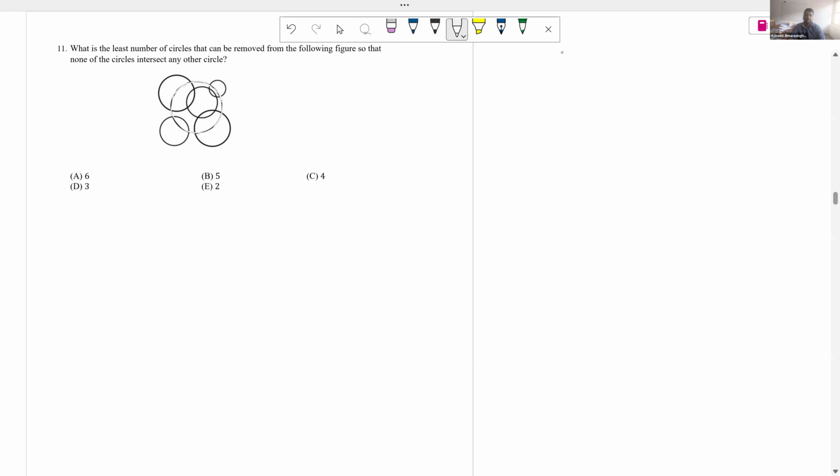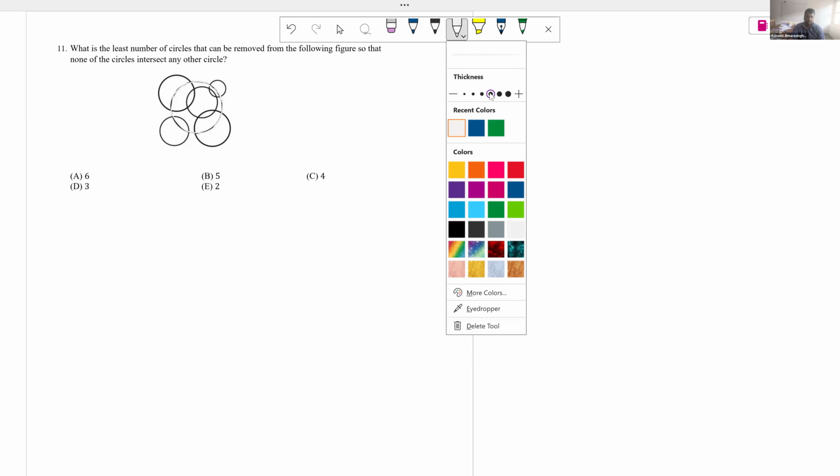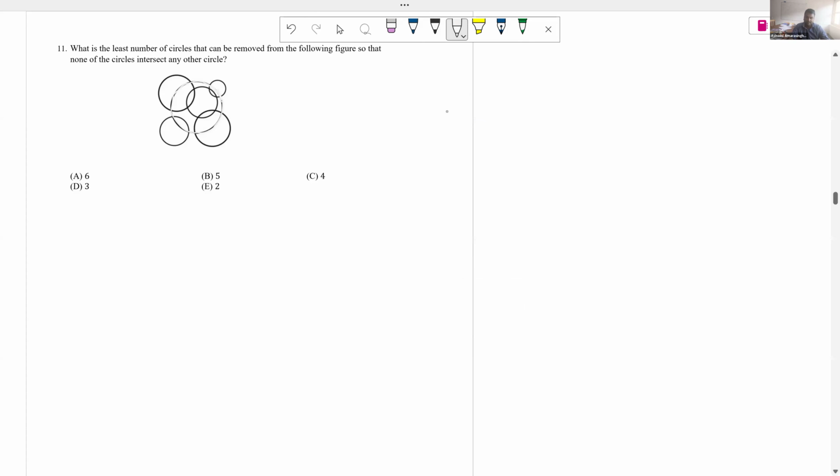Okay. And if you remove that, you can see it is still not non-intersecting, still things are intersecting, but you can see most of the circles, at least one of the circles, now become unentangled. Okay.